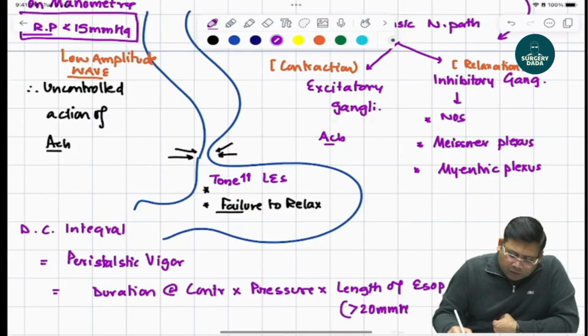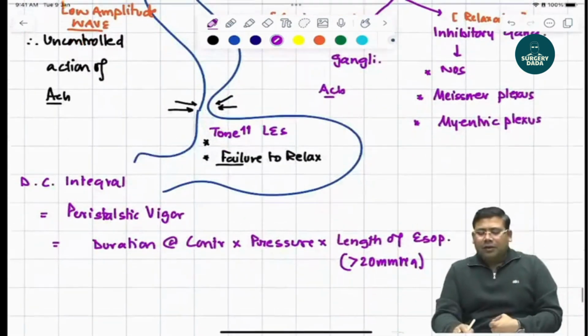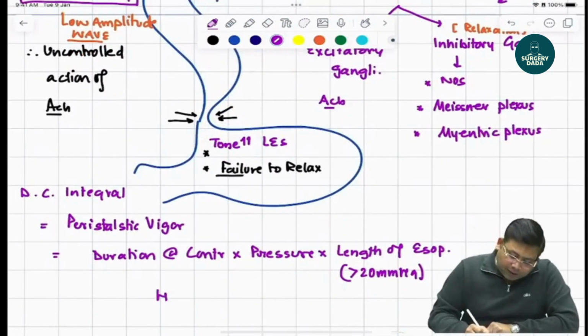The resting or isobaric pressure is considered to be 20 mmHg, and that is measured in mmHg per centimeter per second. This is very important.